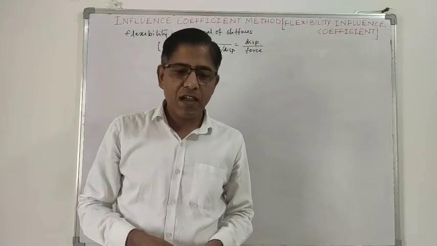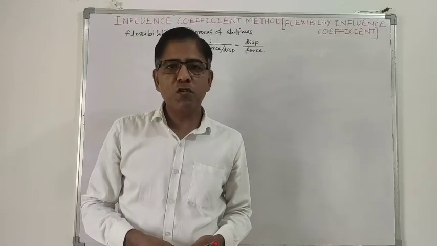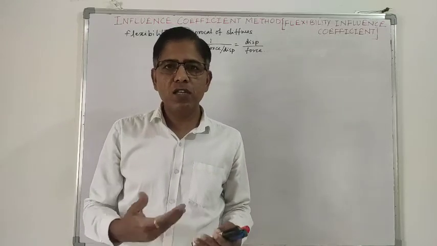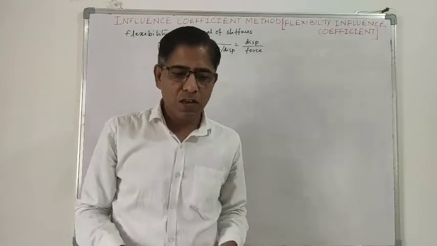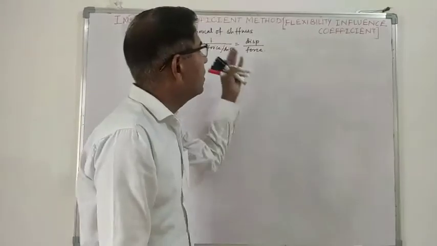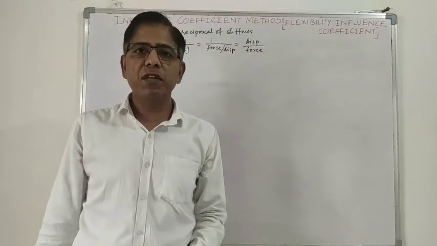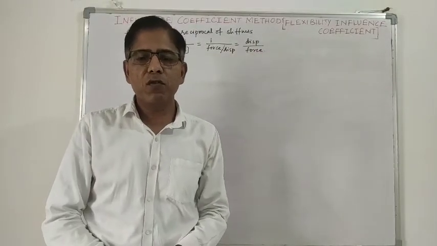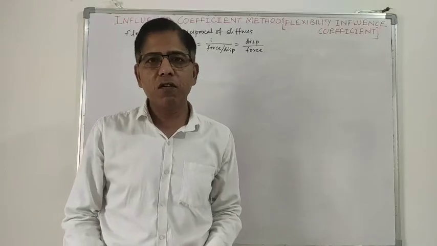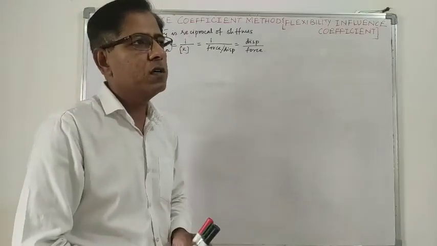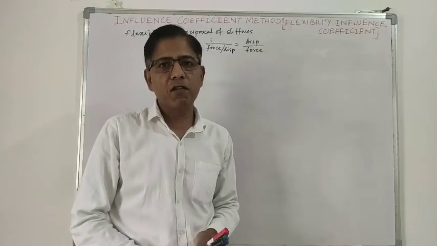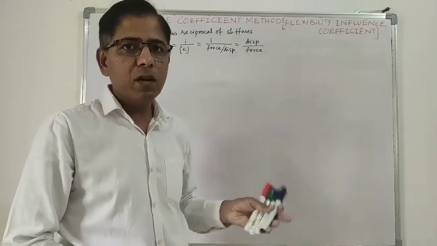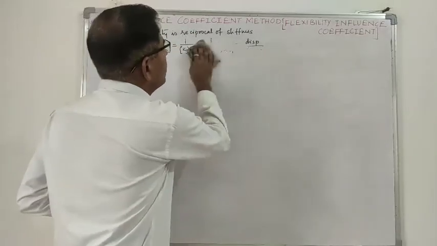So we have derived the equation of motion by using Newton's second law of motion. But by applying the flexibility influence coefficient method also you can analyze the multi-degree of freedom system. That means you can find out the eigenvalues and eigenvectors of multi-degree of freedom system. How? That we are going to see in today's lecture.